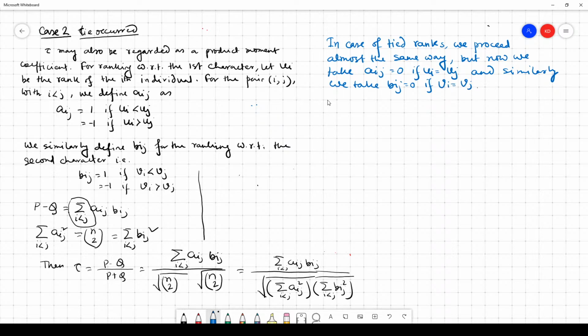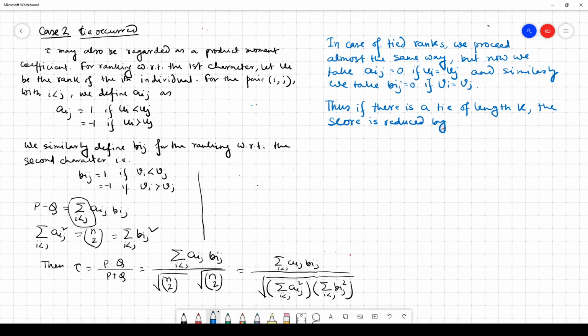That means if there is a tie of length k, the score is reduced by how many?